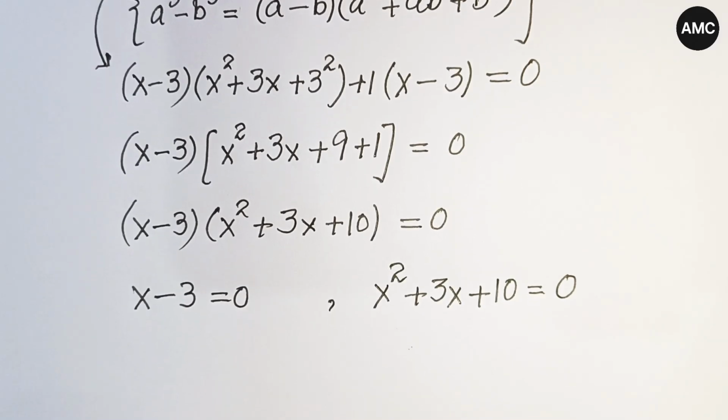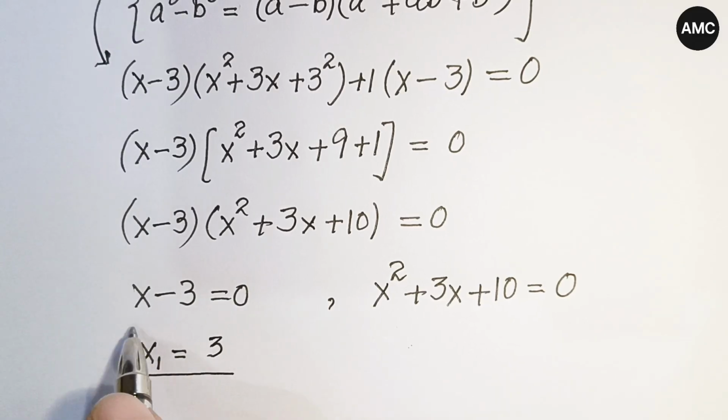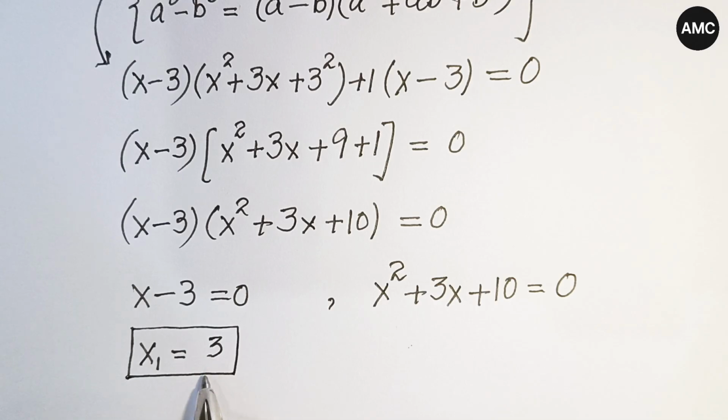Now from the first one, x minus 3 is equal to 0, we can shift minus 3 to our right hand side, and we get x is equal to 3. So let's say it is our x1. Now we have found our first solution of x, which is a real number.